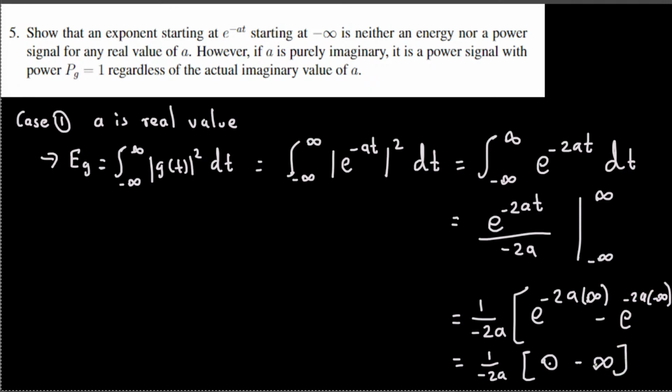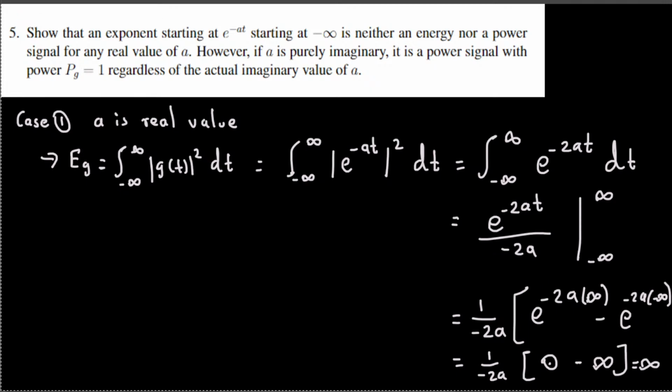So we have negative infinity, and negative times negative makes it positive, so we have infinity divided by some real number, and the answer is infinity. So this doesn't satisfy the energy signal condition, because energy should be a finite value in order to be an energy signal.